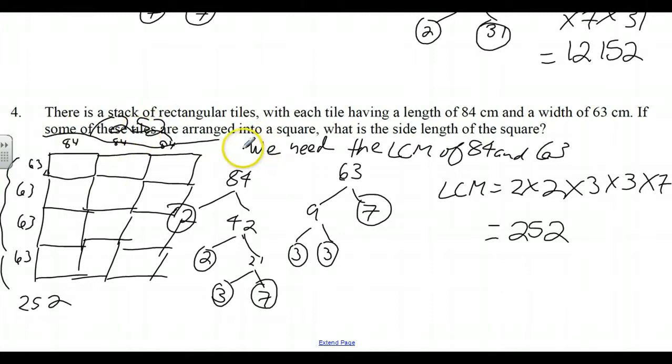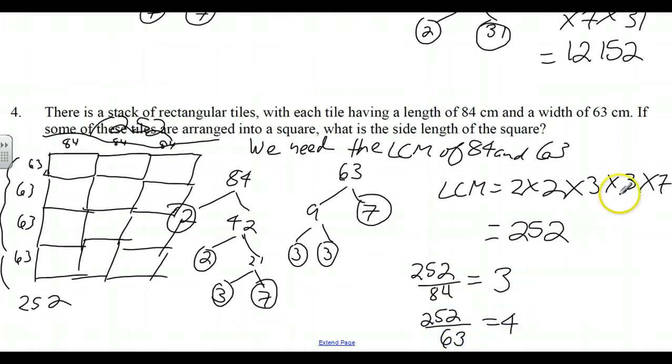So for the lowest common multiple, if you wanted to figure that out, you go 252 divided by 84 to say which multiple of 84 is it? It's 3, and 252 divided by 63, which multiple? It's 4, so this square is made up of a 3 by 4 arrangement of these tiles.